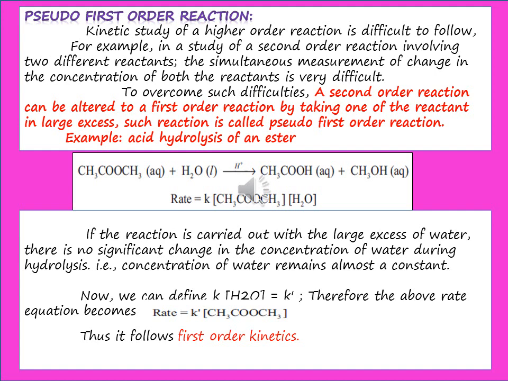So we'll omit the concentration of water, or we'll multiply it with rate constant to become k dash. Now the calculated rate will depend only on ester concentration. A higher order reaction, that is second order reaction, now became first order reaction. So a second order reaction following first order kinetics is called pseudo first order reaction.